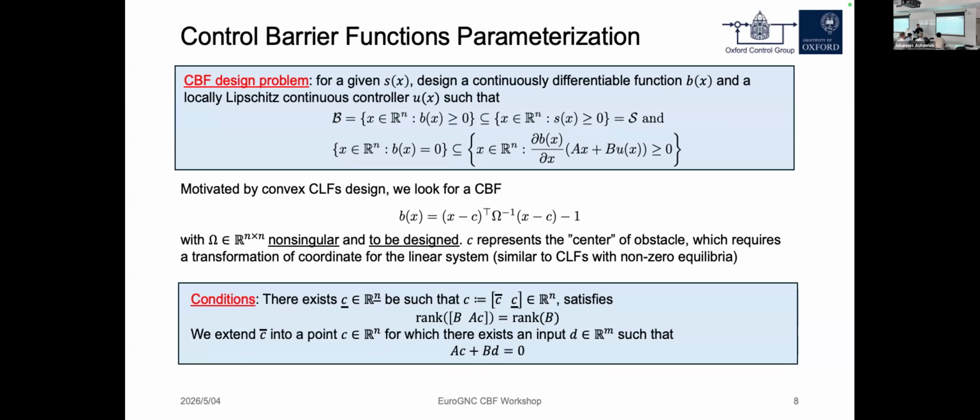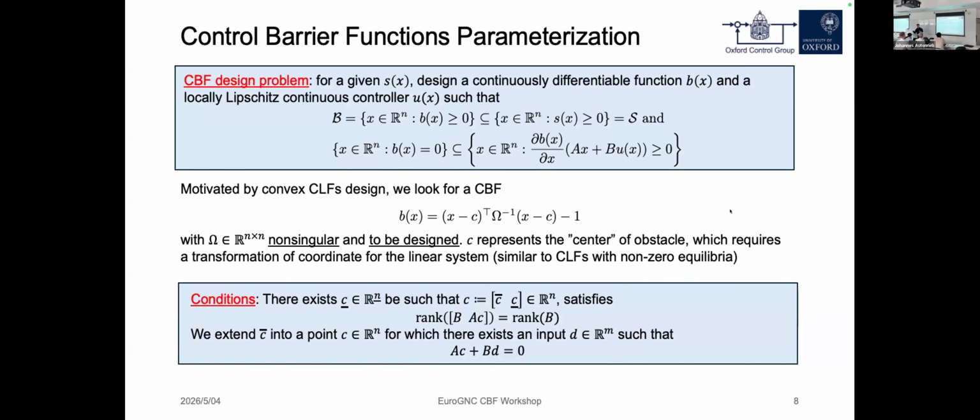We need to satisfy a rank condition for the center of the obstacle, which is C over here, and the state and the input matrices, just to ensure there exists such a C and a feed-forward control input D that satisfy the change of coordinate condition, which is basically AC plus BD is 0, which means that you can have a feed-forward term that allows you to change the coordinate.